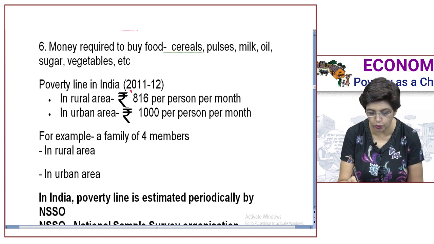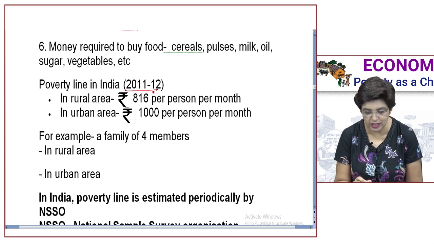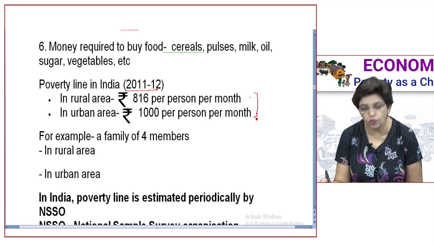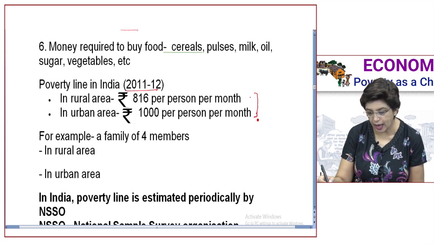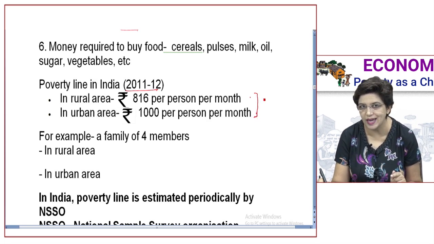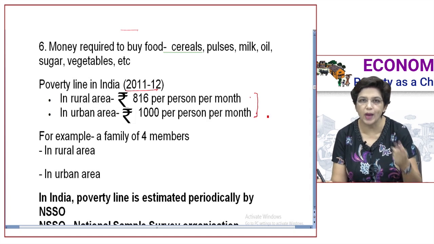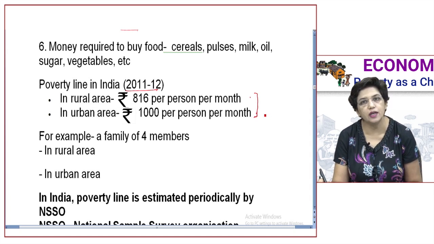Now, as per the data of 2011-12, the poverty line in rural areas is rupees 816 per month, while in urban areas it is rupees 1000 per month. Here again you will see the difference. Although the calorie requirement in rural areas was more, that is 2400 calories, as compared to urban, the poverty line, or the bare minimum money required to buy those calories, is higher in the urban areas.